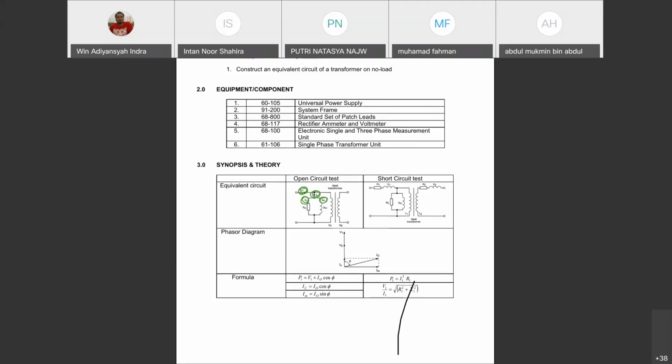The question asks for IC and IM. If you look at the phasors here, you can derive that IC equals IO cos theta, and IM equals IO sine the angle.